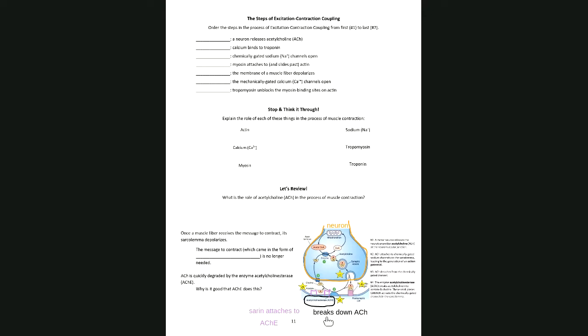So we said the job of this enzyme is to break down acetylcholine. When sarin gas attaches to the enzyme, I can't break down acetylcholine anymore. So what might happen if I can't break down acetylcholine?